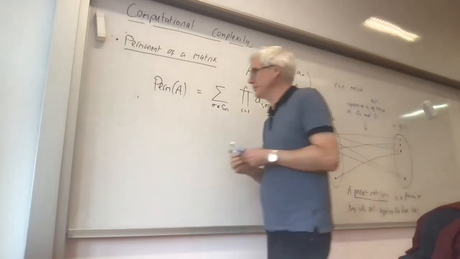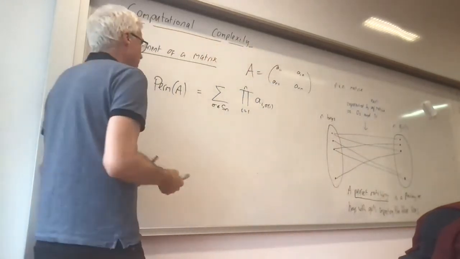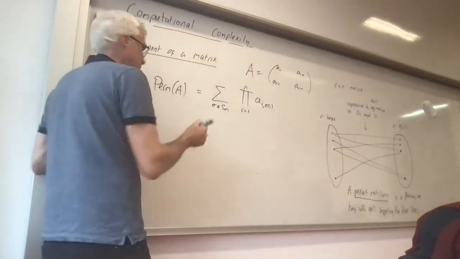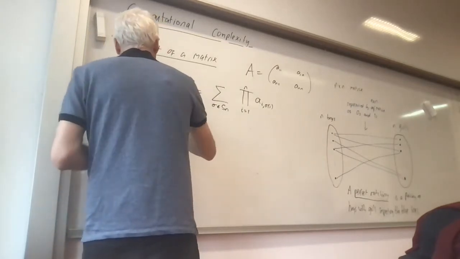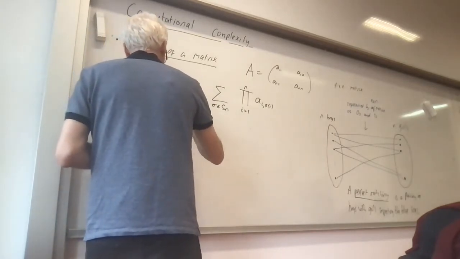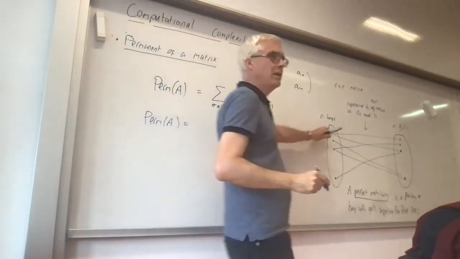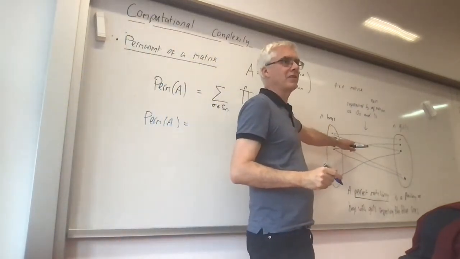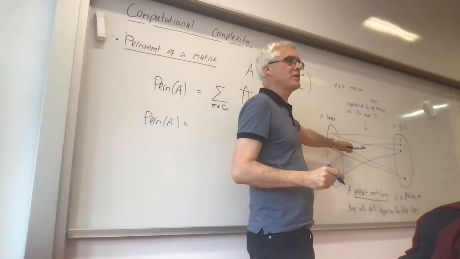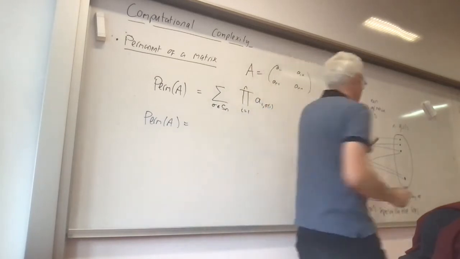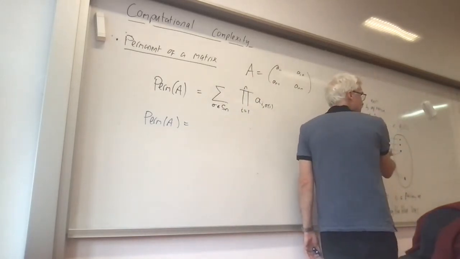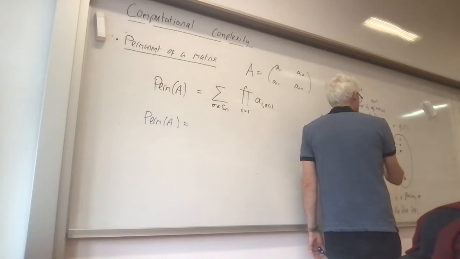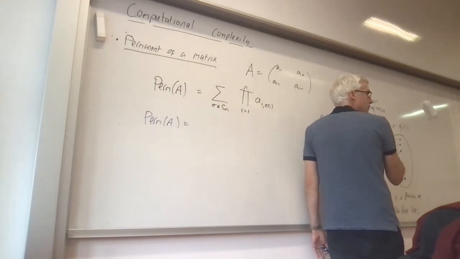And the permanent in this case of this matrix is the number of perfect matchings. So it's a solution to a counting problem. Viewed in this way, it's counting the number. So again, for perfect matchings, we've got: does there exist a perfect matching?